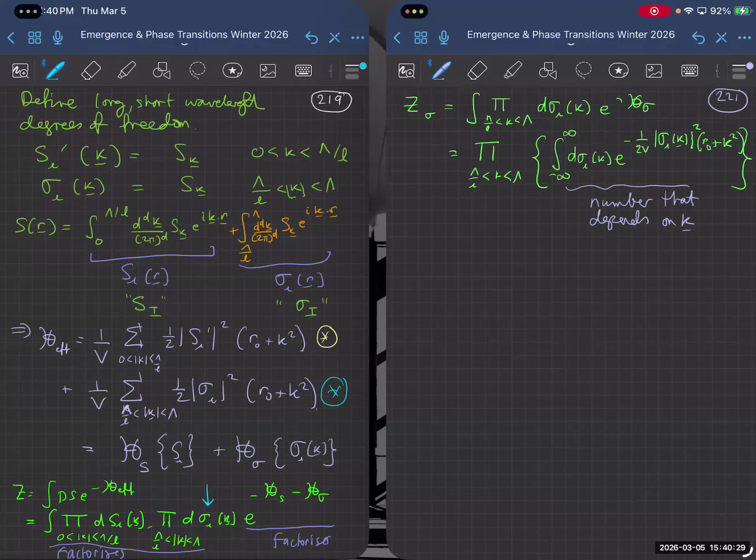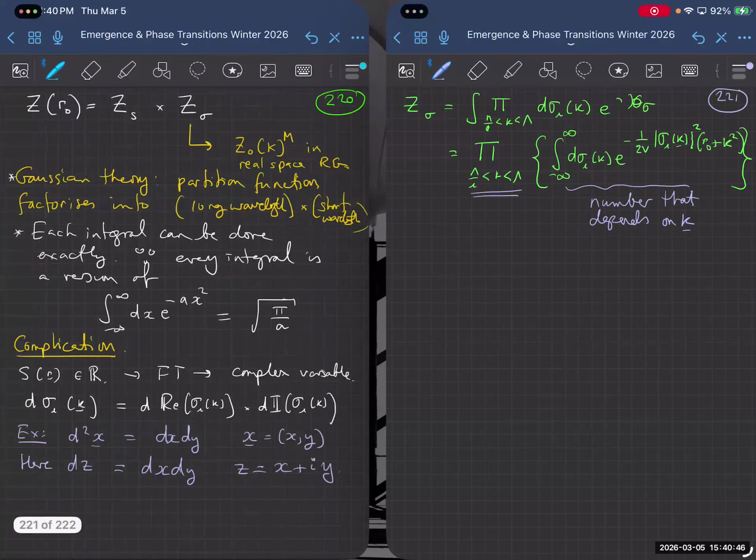And so once I've got that number, then I have to multiply it together over these ranges here. The K is just a dummy variable, and then I work out what it is. Okay, so let's now work out what that number is. So remember over here, the integral dx e to the minus a x squared is root pi over a.